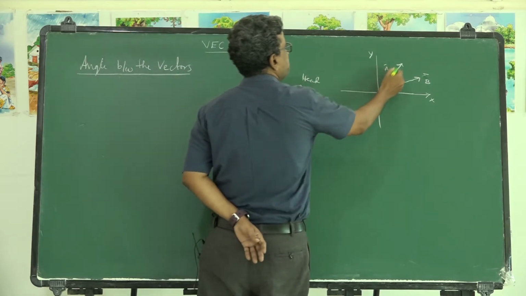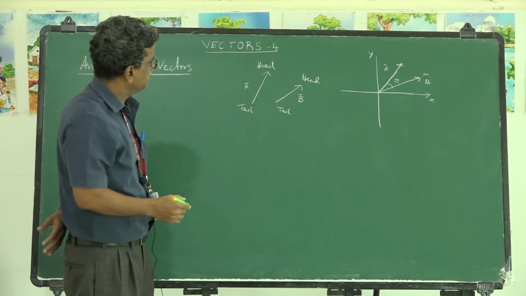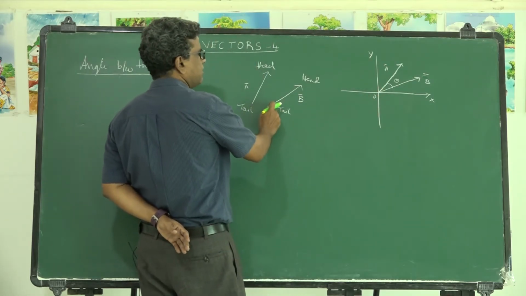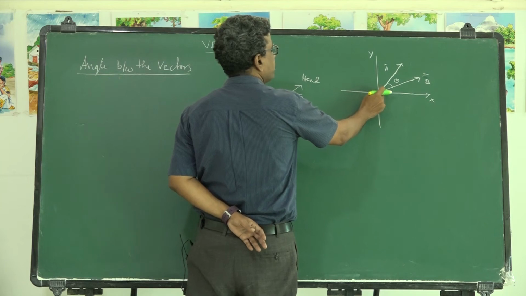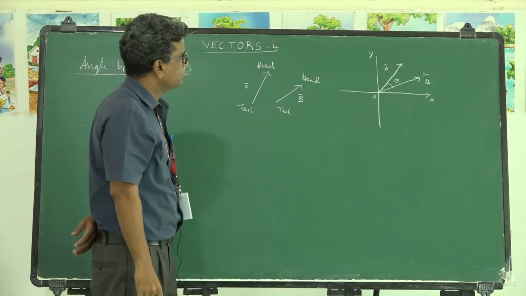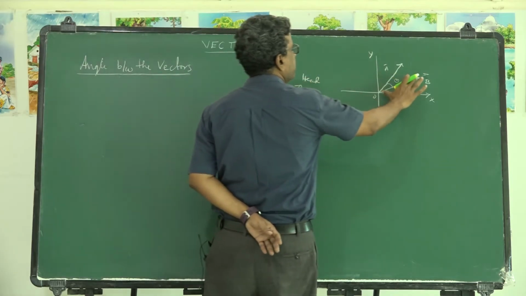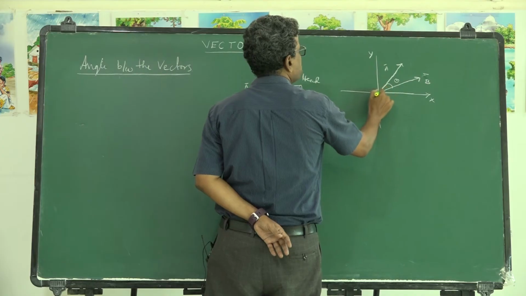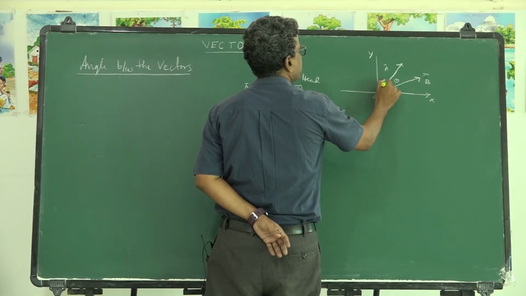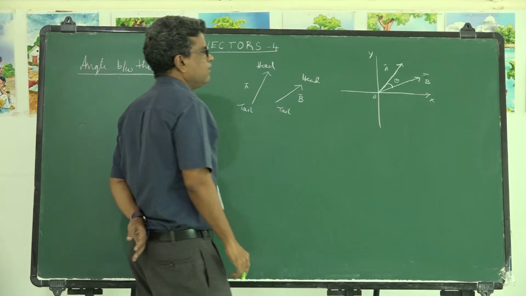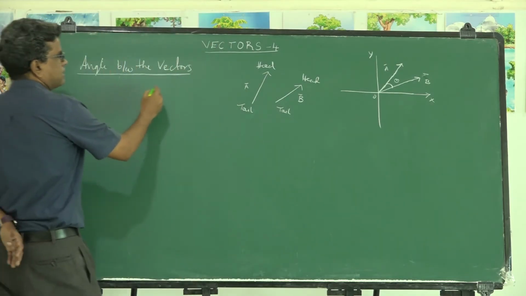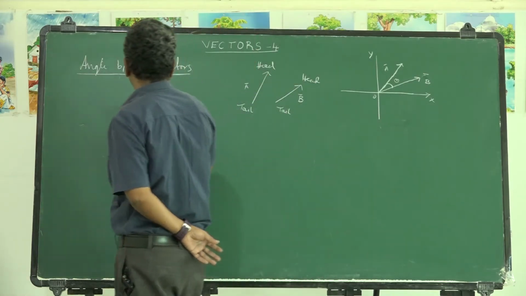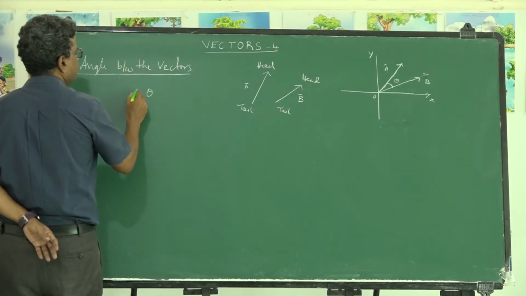You draw the first vector as it is, starting the tail of the vector at the origin, and the second vector also starts from the origin, in its own direction. Then these two tails are joined here, and this angle between the two is what we call the angle between the vectors, theta.